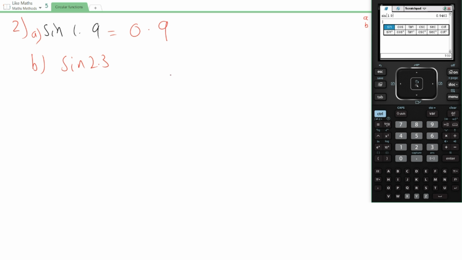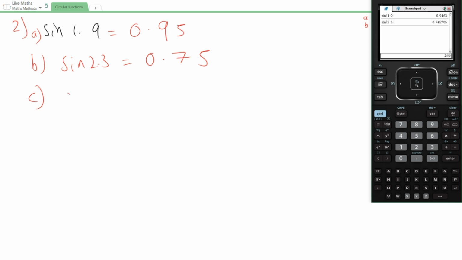What's the decimal places? Let's go to 2 decimal places. So sine of 2.3, enter, is 0.75.